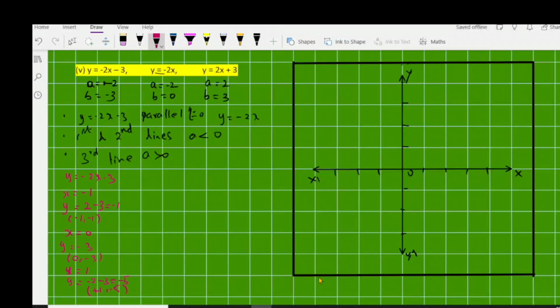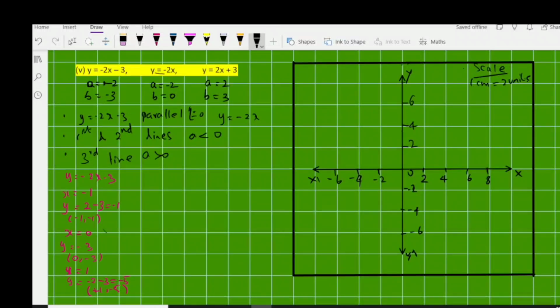Let's plot minus 1 and minus 1. Now 5 is there, so we can take the scale 2, 4, 6, 8, 2 unit scale. Minus 2, minus 4, minus 6. So both the axes scale is nothing but 1 centimeter is equal to 2 units.